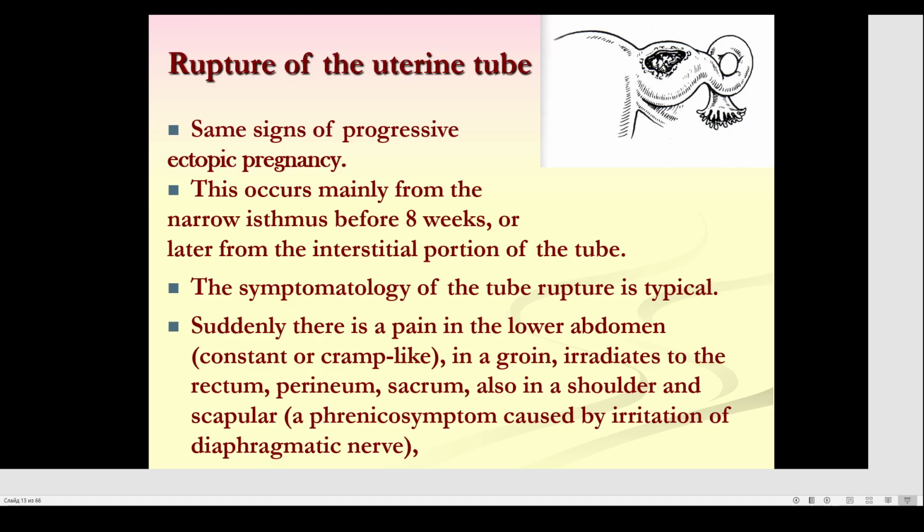The symptomatology of tube rupture is typical. Suddenly there is pain in the lower abdomen, constant or cramp-like pain in the groin, which radiates to the rectum, perineum, and sacrum. Also to the shoulder and scapula, the phrenic symptom caused by irritation of the diaphragmatic nerve.